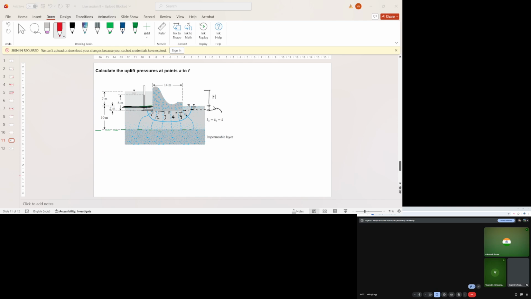So pore water pressure is defined as delta H into, how will you convert head into pressure?